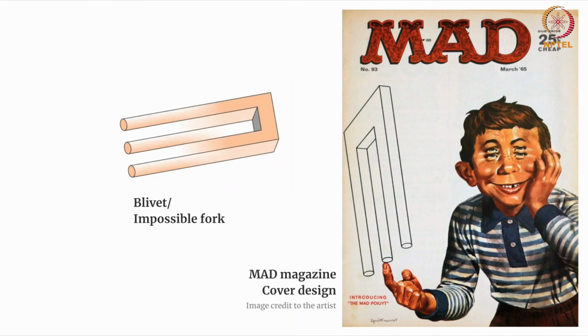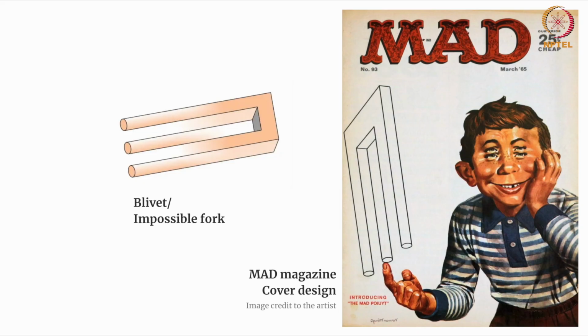Another example in this category is the Blivet, also known as impossible fog. If you look at this image, what do you see? It is an optical illusion and an impossible object as well. It appears to have three cylindrical prongs at one end, which then mysteriously transform into two rectangular prongs at the other end.